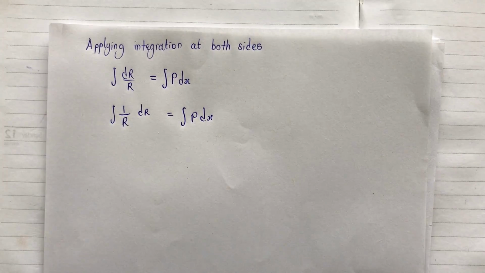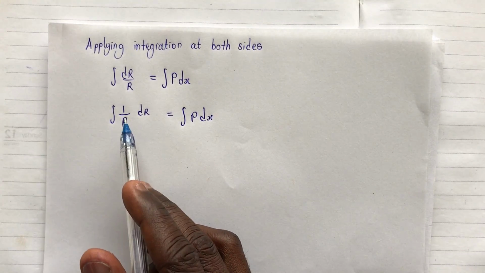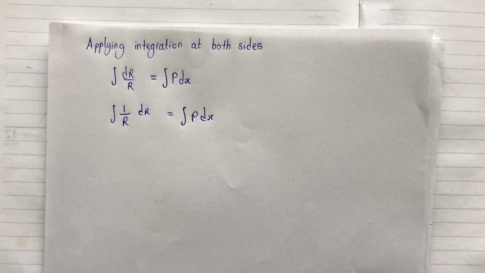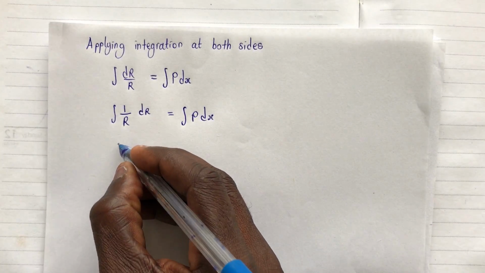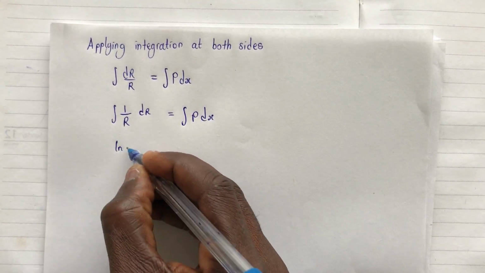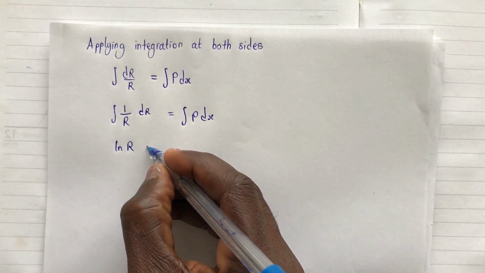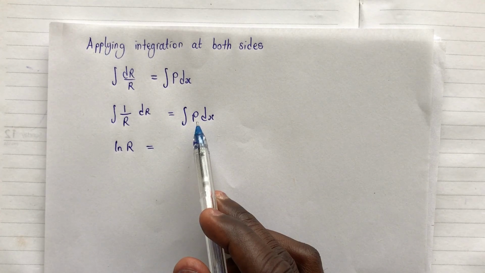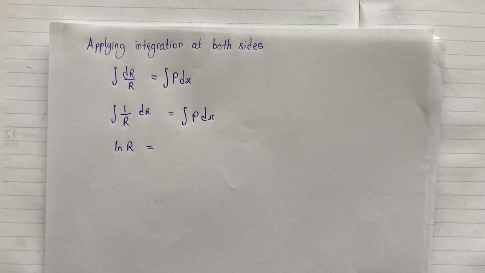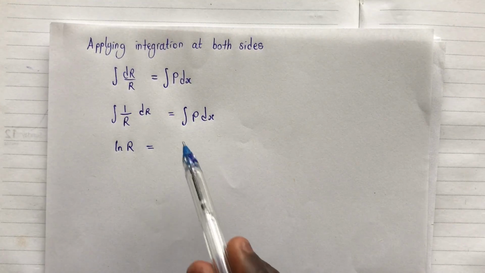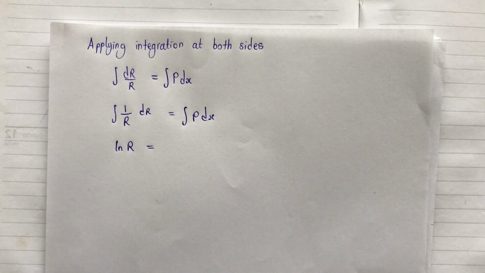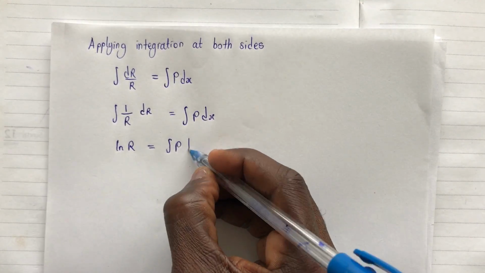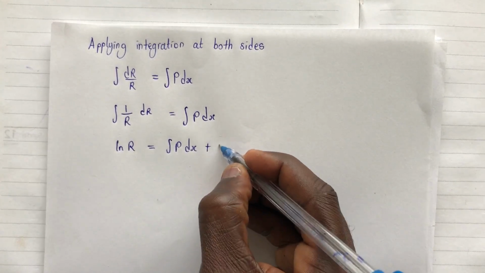Now from basic integration, the integral of 1 over r is the same as ln r. So now we have ln r equals, now I do not have the function p of x, or the function p in terms of the variable x, so I will repeat that side and bring my constant of integration. So this is the integral of p dx plus c.